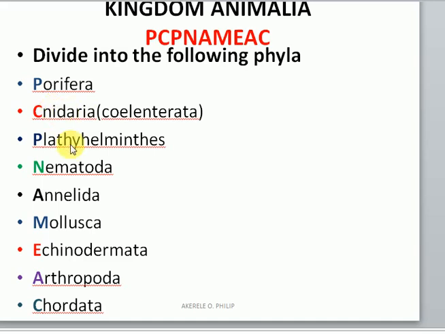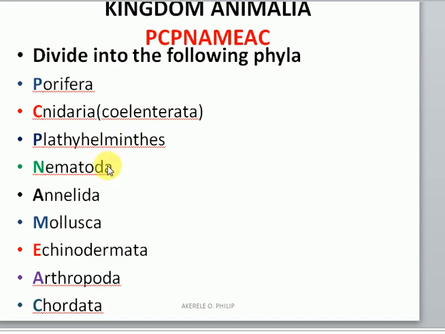Then we have Platyhelminthes, generally called flatworms. Example is your tapeworm, your planaria. Then we have your Nematoda, which is your Ascaris lumbricoides, which is called roundworm. Generally, these two are both endoparasites in mammals.